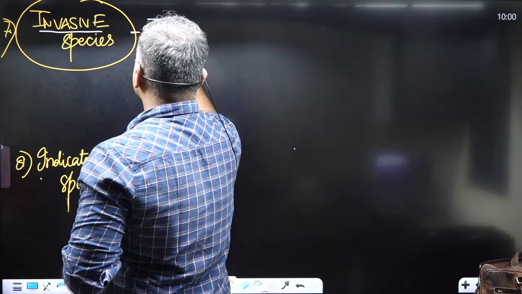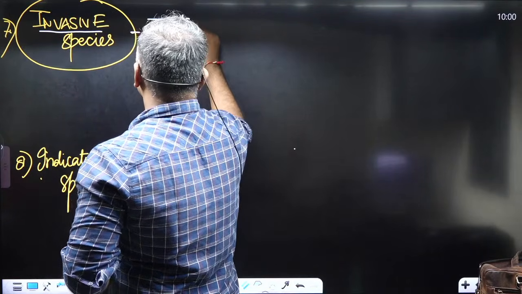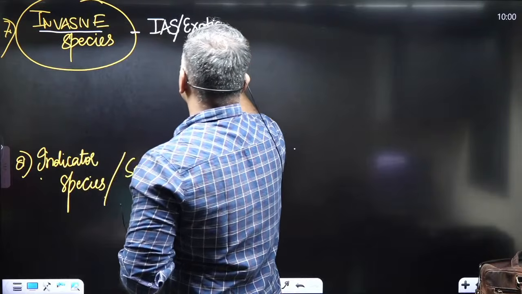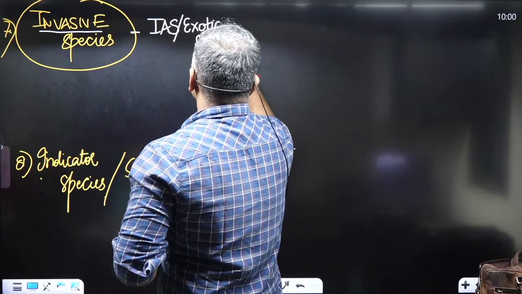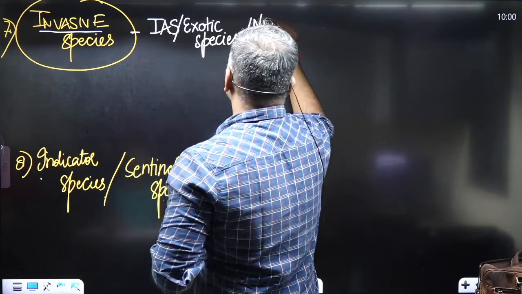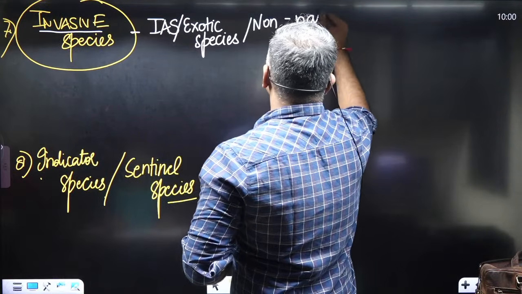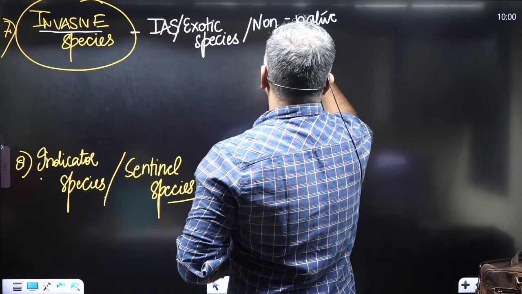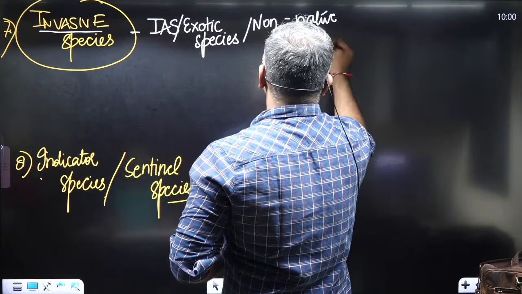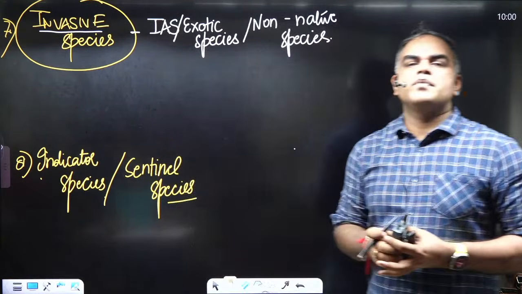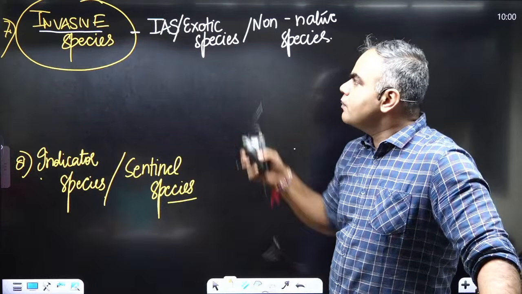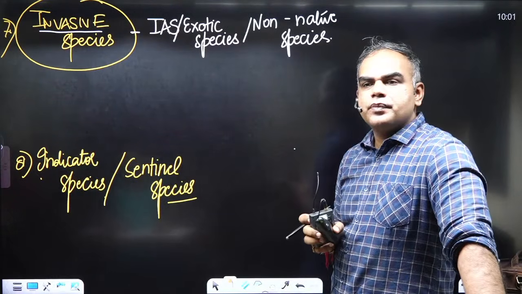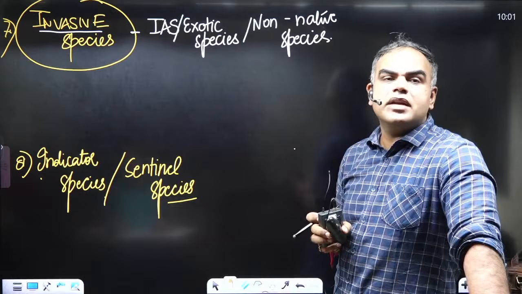One is this. The name is invasive alien species. ठीक है, exotic species, or they can be non-native species.